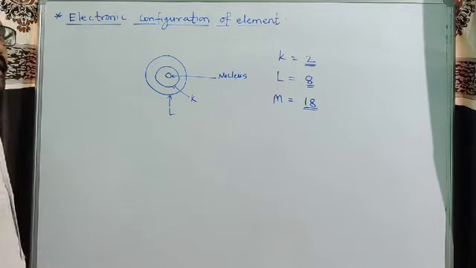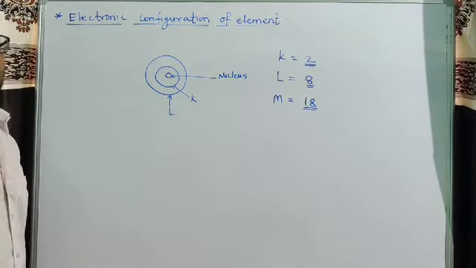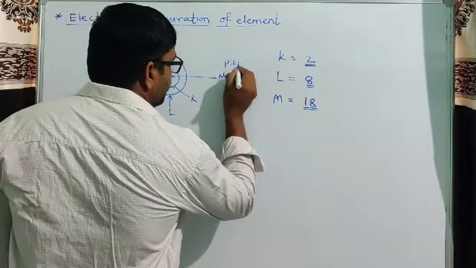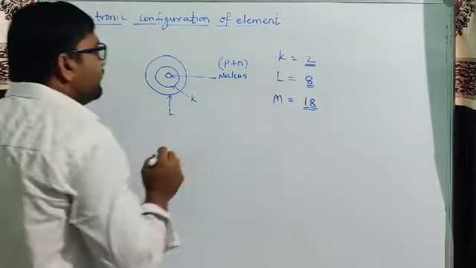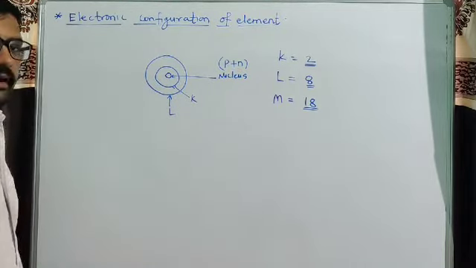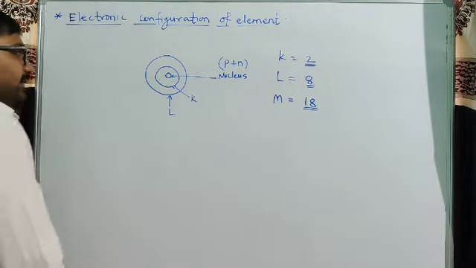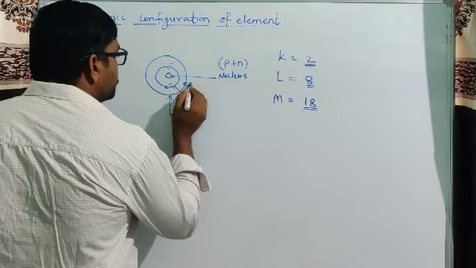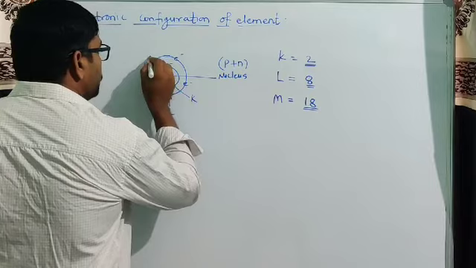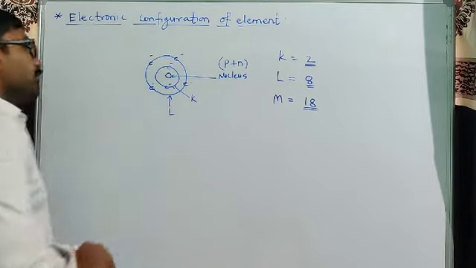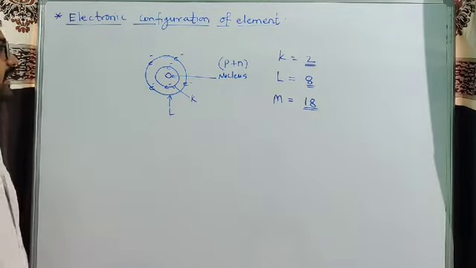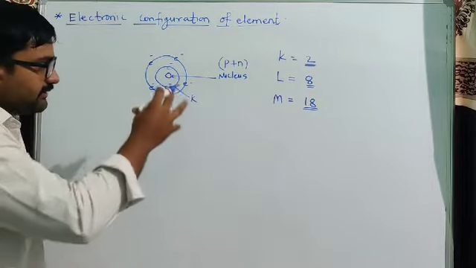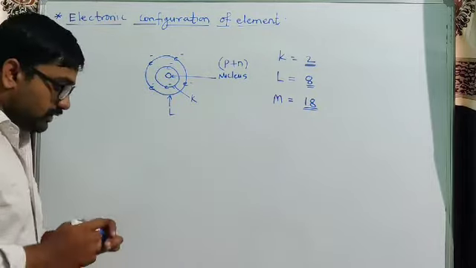So about any element, we see that protons and neutrons, which are the basic elementary particles, are situated inside the nucleus, and the remaining electron is a negatively charged particle. All electrons revolve around this nucleus. That is the modern atomic structure.